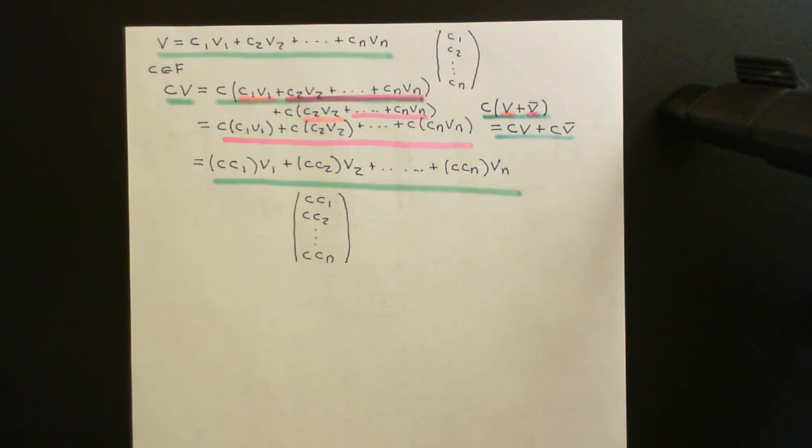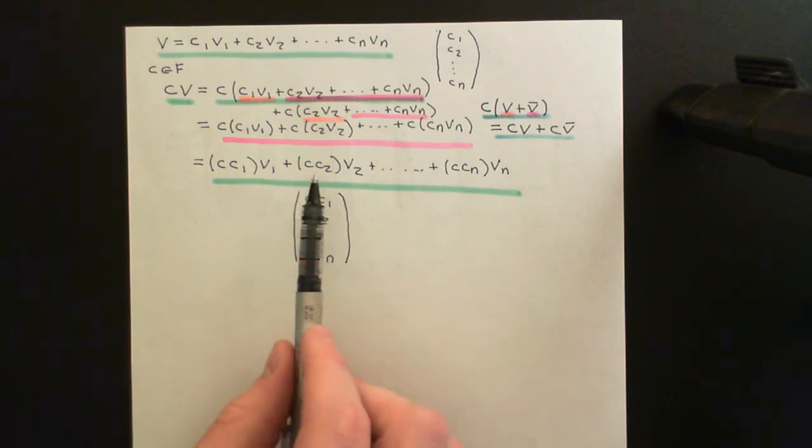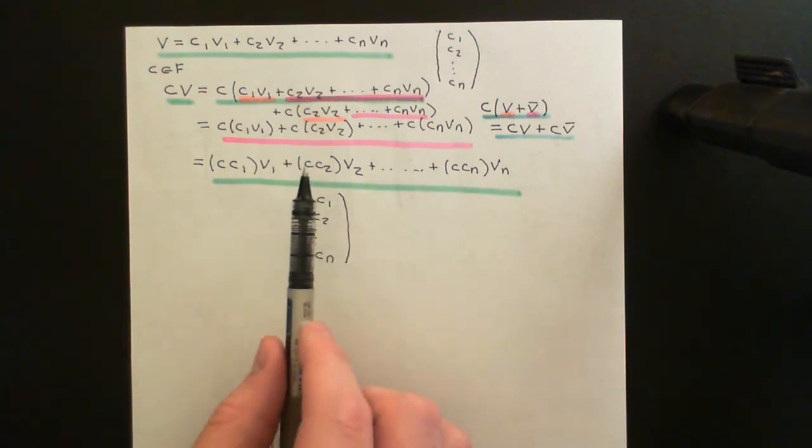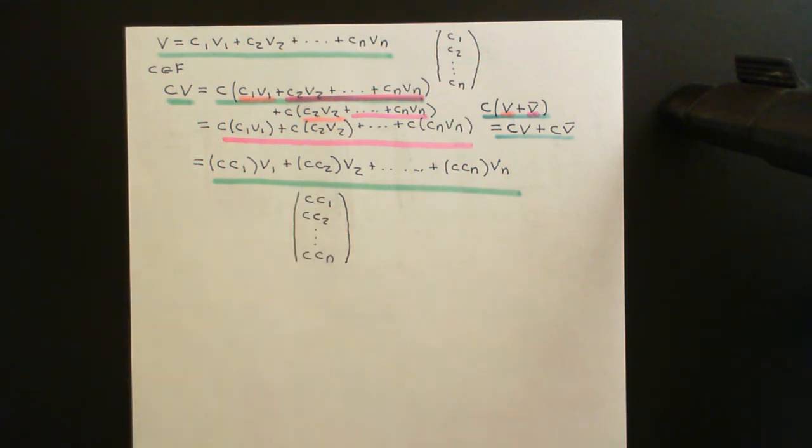So again we have reduced a problem in the vector space, a problem of scalar multiplication, to a problem in field theory. We've reduced it to multiplication in the field, and it's reduced to an absolutely beautiful multiplication law in the field.